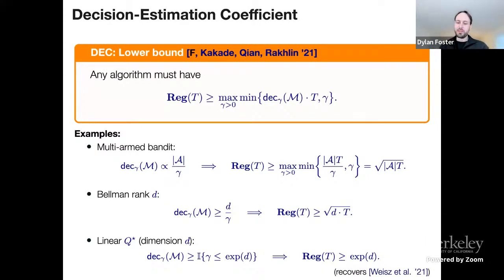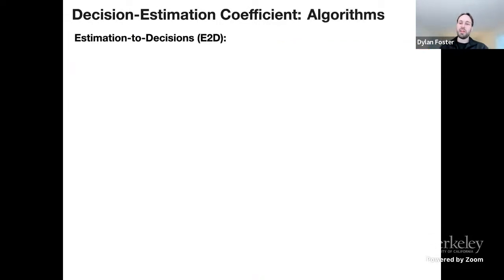The last thing I'll say about this complexity measure is that I stated it coming at it from the perspective of lower bounds, but it is actually very easy to operationalize and make algorithmic. We have an algorithm based on this complexity measure, called estimation to decisions. You could think of this as a generalization of the SquareCB method that we saw for contextual bandits.